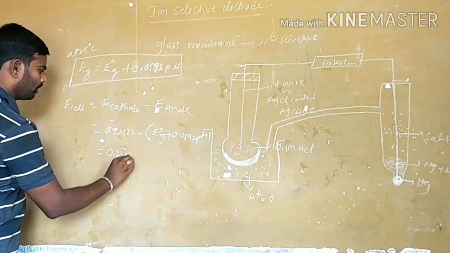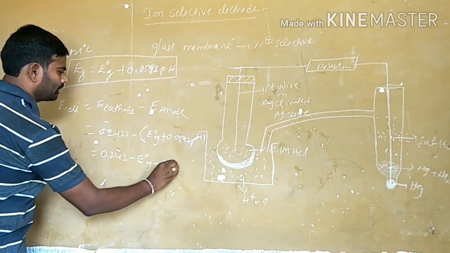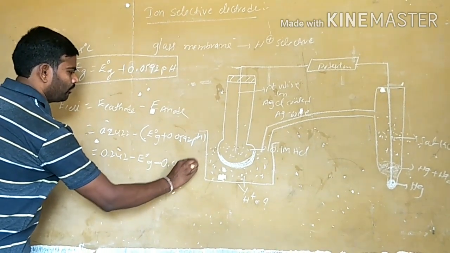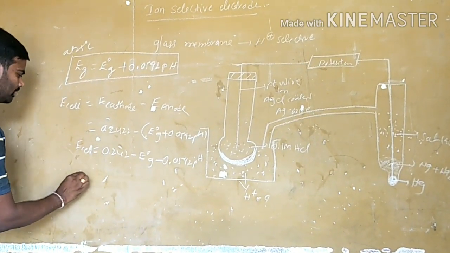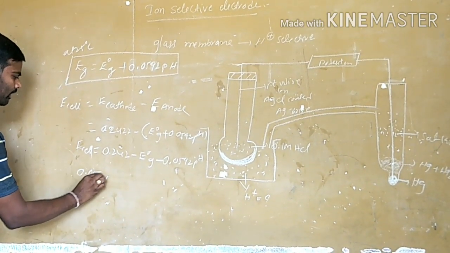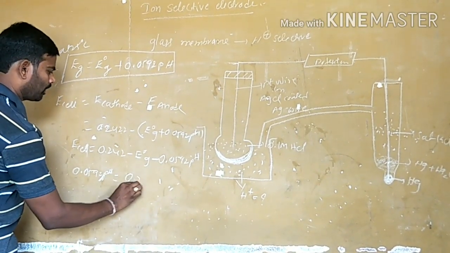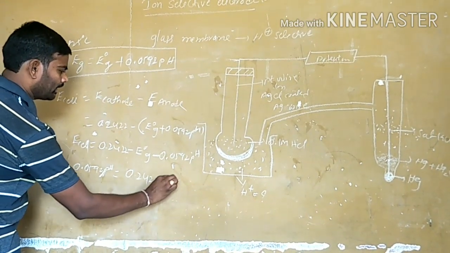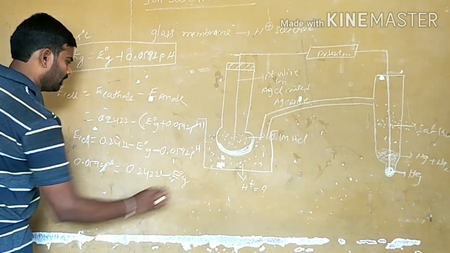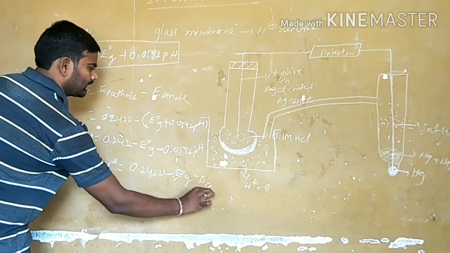Simplifying this, E cell is equal to 0.2422 minus E naught G minus 0.0592 pH. From this, 0.0592 pH is equal to 0.2422 minus E naught G minus E cell.